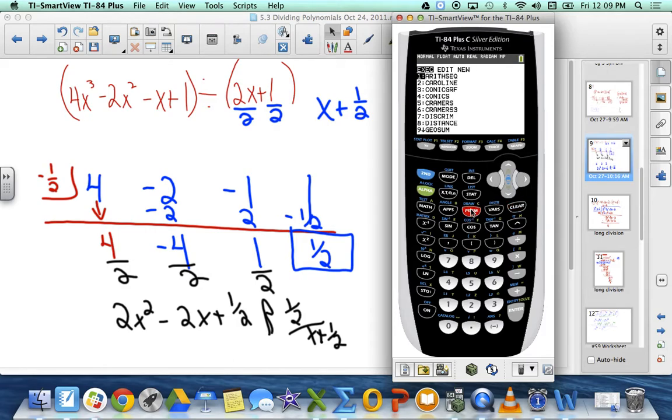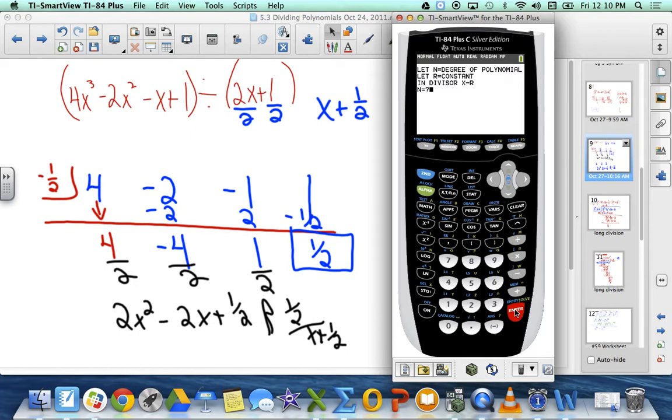You can scroll down to the S's or you can scroll up. You see where I have synthetic division. So when we hit enter, it says at the top, let n equal the degree of the polynomial. So what is the degree of this polynomial?